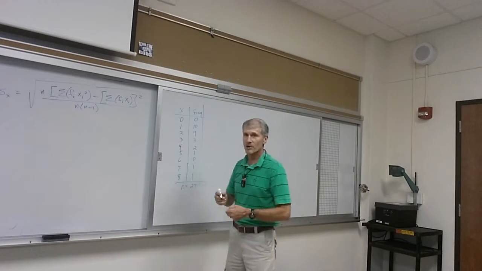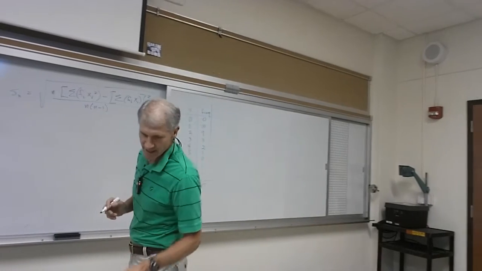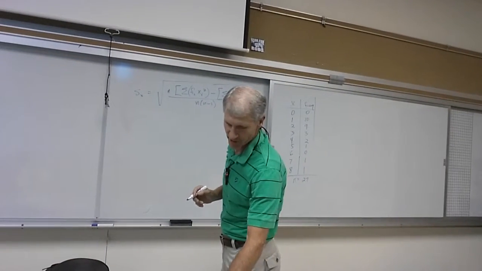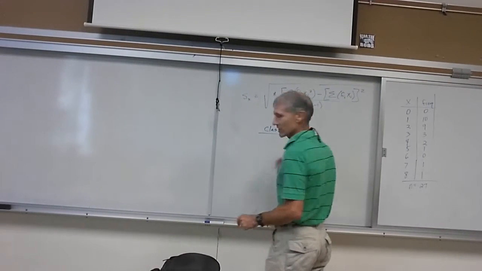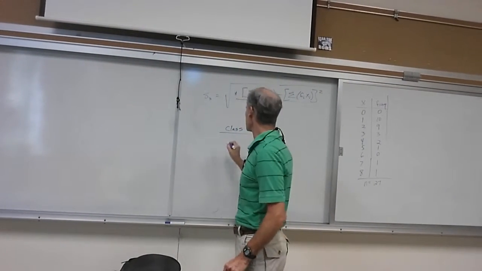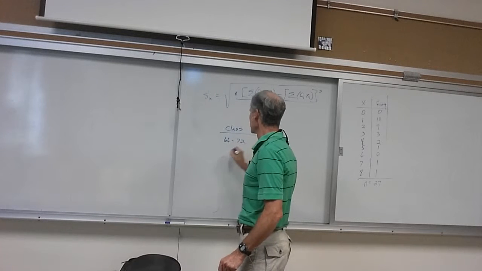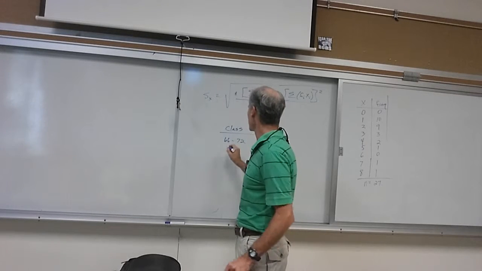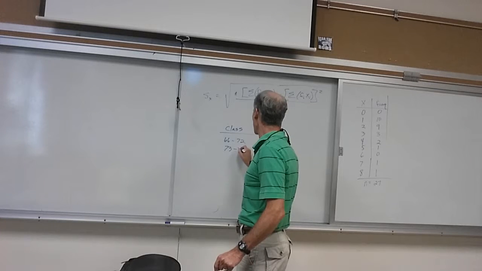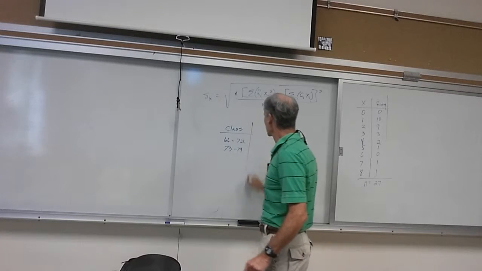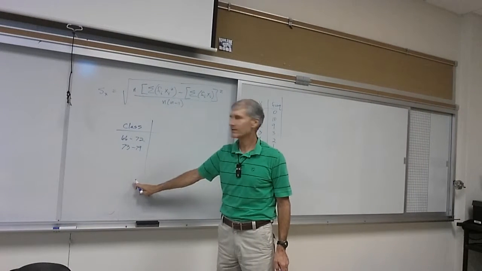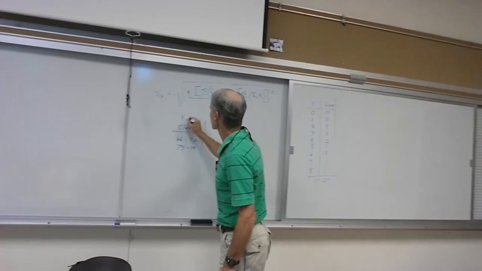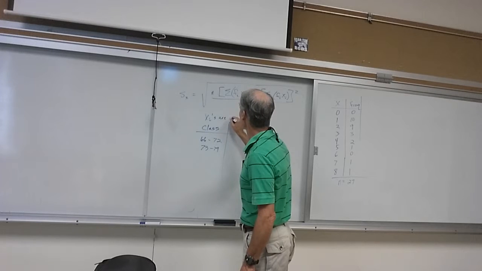Now, one of the homework problems that you'll have to deal with has, I'm just looking in the book, classes that have a range. So it's a class of 66 to 72. And the next one is 73 to 79. Then what are your x's? The midpoint. So x's are midpoints.